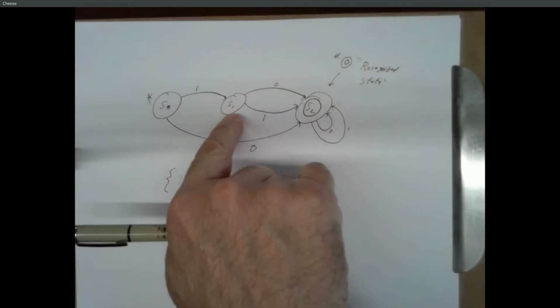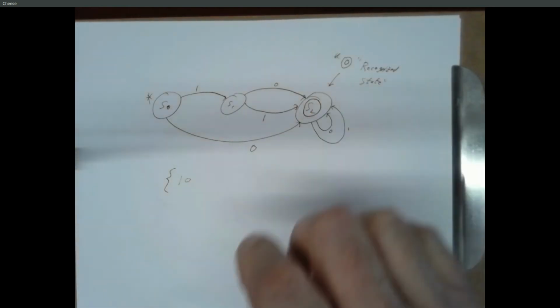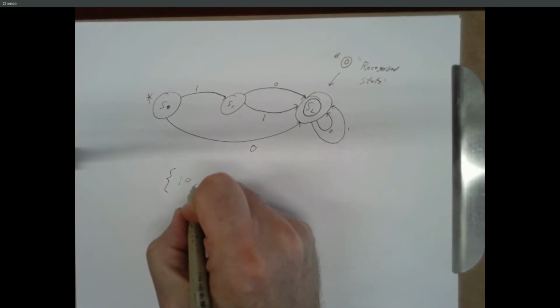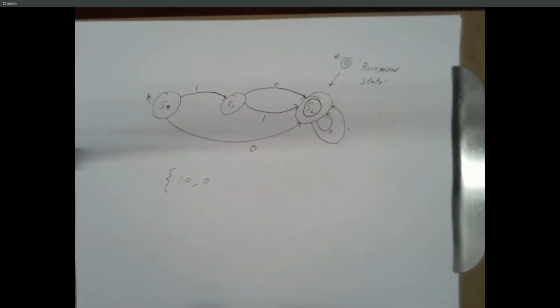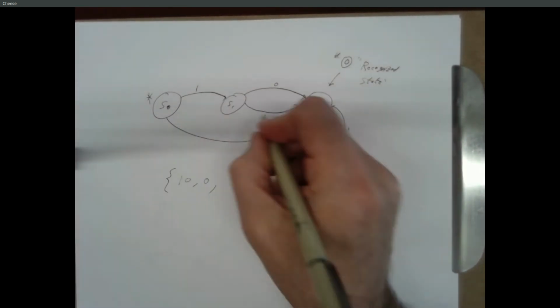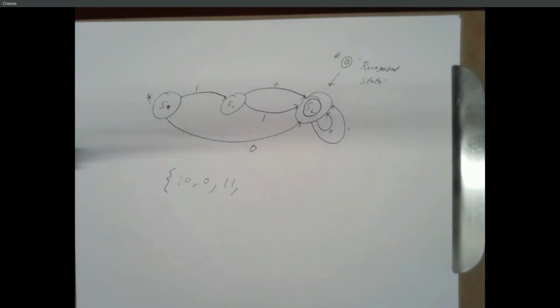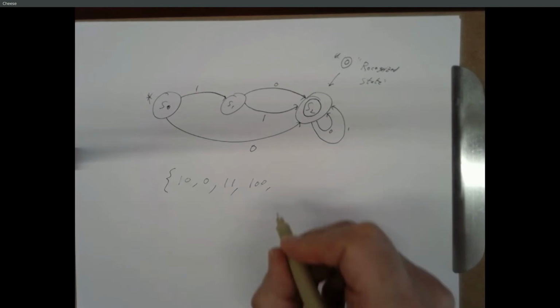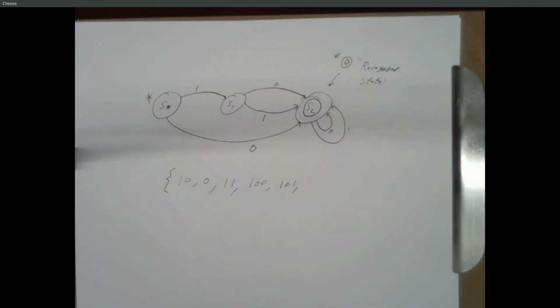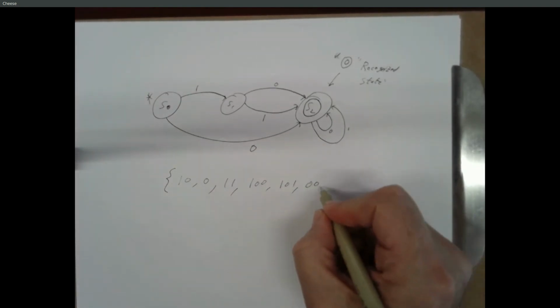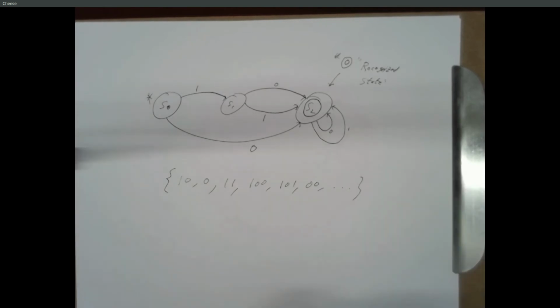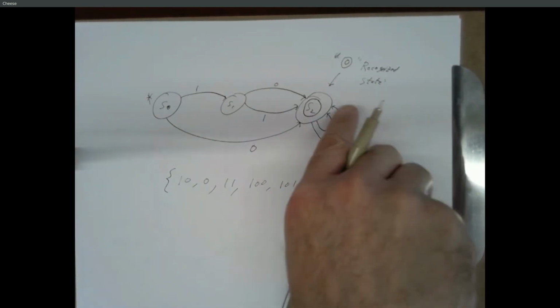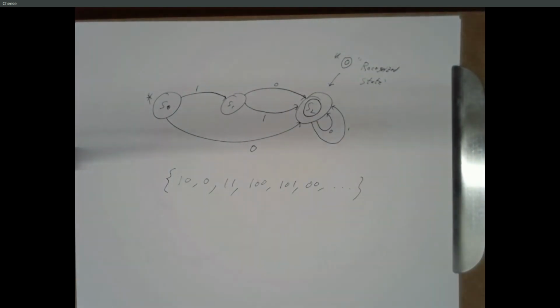Because a 1 will take us to S1, a 0 will take us to S2. There we go, we're recognized. Anything else? 0. 0, 1. Boom. 1, 1. 1, 0, 0. 0, 0. And so on. And once we're recognized, any bits after that, we're still in the recognized state.